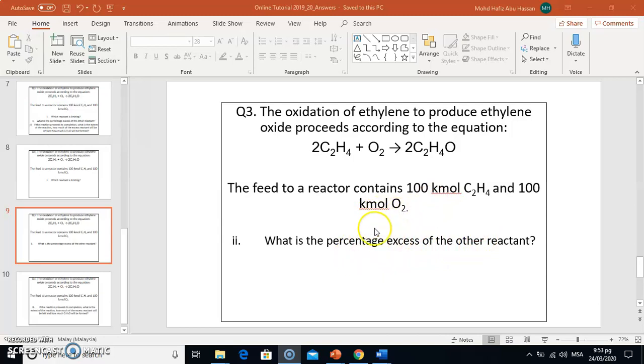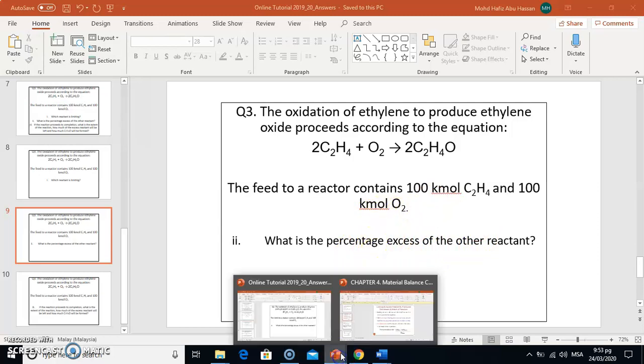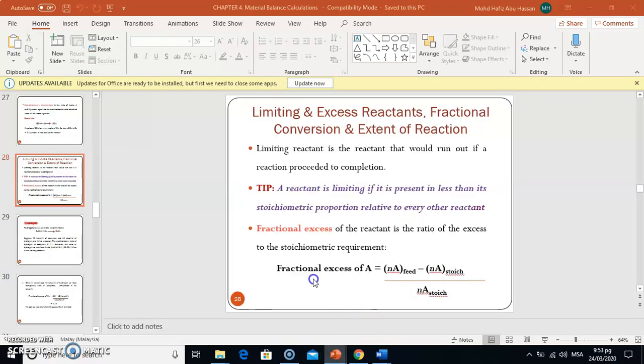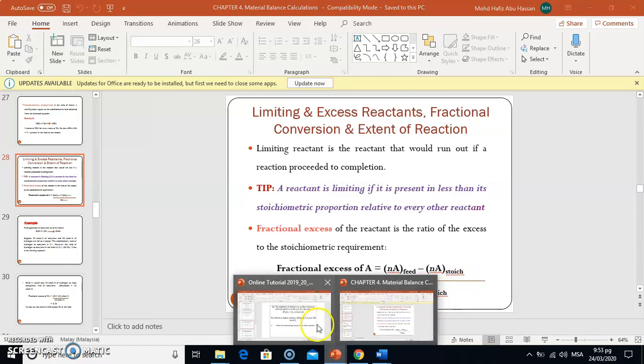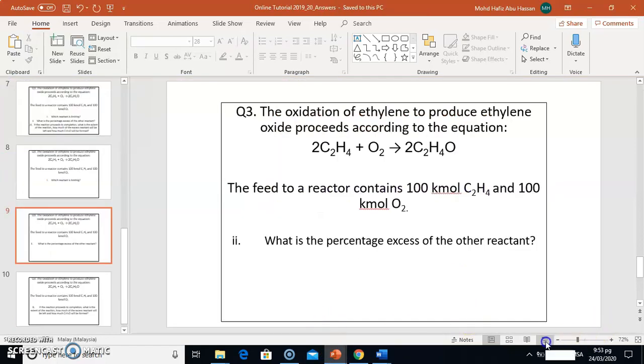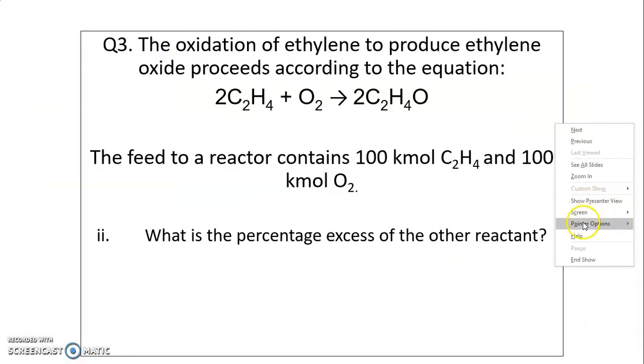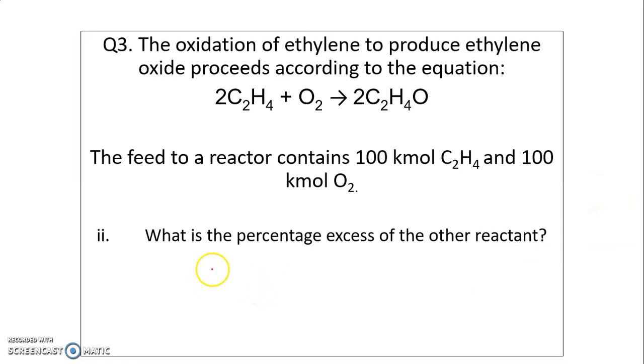Okay, O2. Before that, let's go back to our lecture notes where we have fractional excess of A equals NA feed minus NA stoichiometry over NA stoichiometry. So we have the formula of fractional excess.